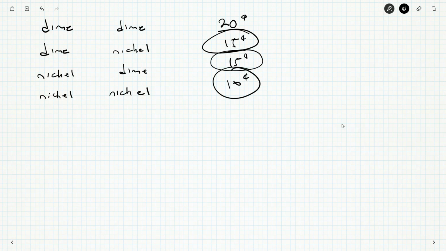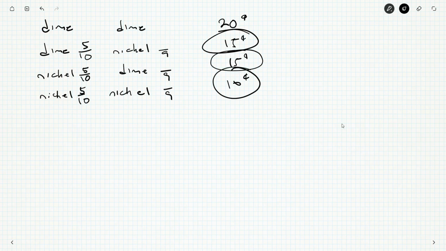Well, what are those probabilities? If I reach in, what's the probability that I'm going to get a dime for my first coin? Well, there's 5 dimes and a total of 10 coins. 5 out of 10 times, I'll take a dime. Same thing with the nickels. But then it's a question of, okay, what's left? Once I've taken out this dime, there's only 9 coins to pick out of.